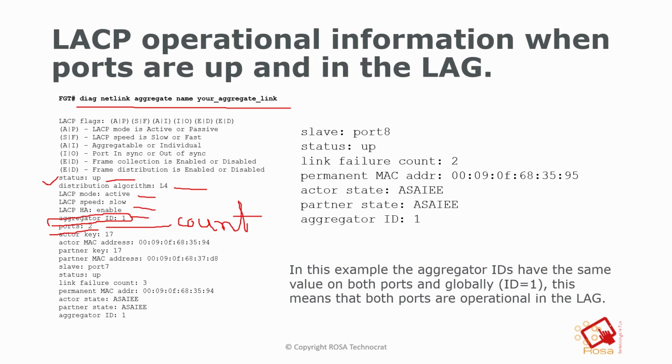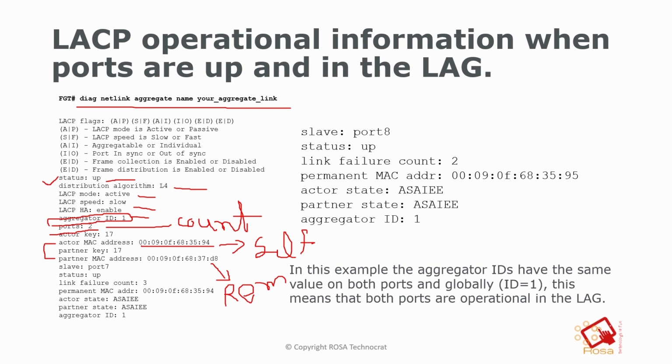Now during troubleshooting, these are the important parameters: actor MAC address and partner MAC address. Actor is the FortiGate's own MAC address, and partner is the remote device or switch MAC address.